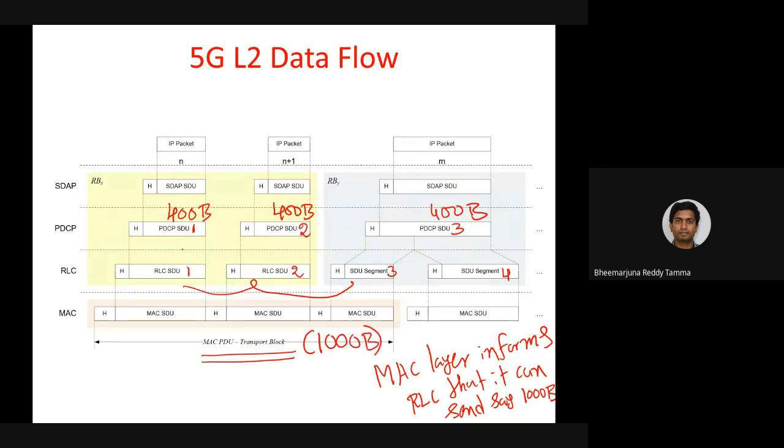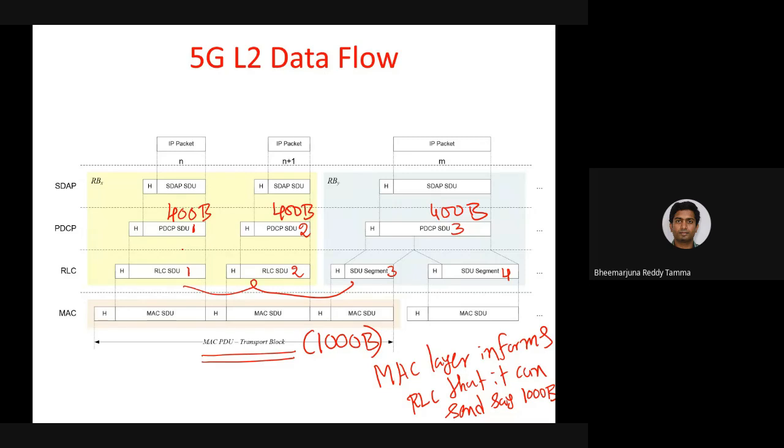So what you are doing is taking as many PDUs as possible and adding the RLC header, and whatever the leftover that you have, you try to fill out by taking another PDCP PDU and segmenting it in a manner that you can use the remaining amount of the data to send it over the MAC channel.